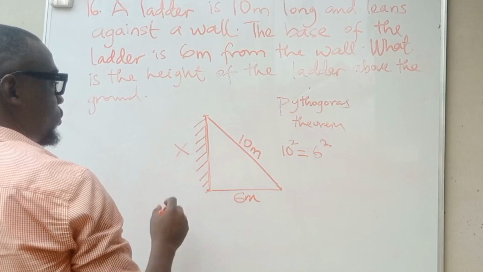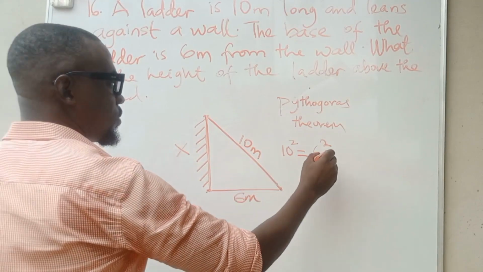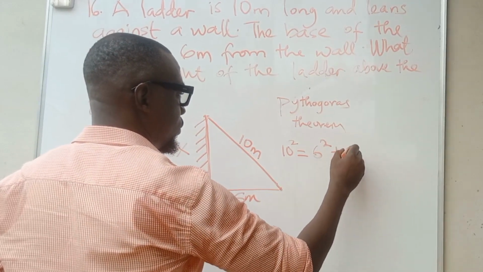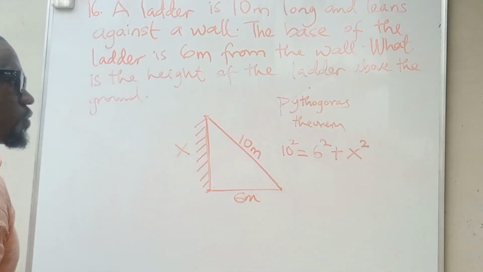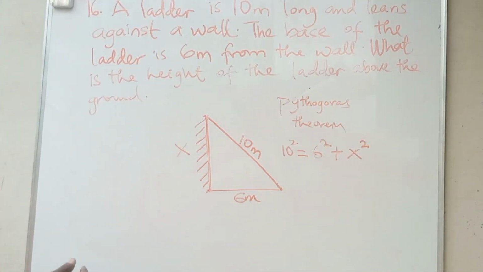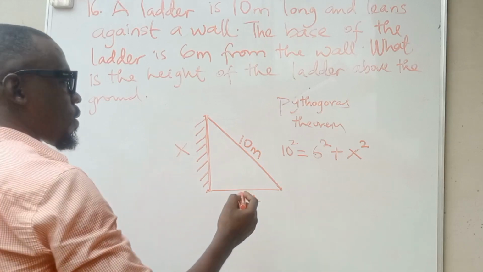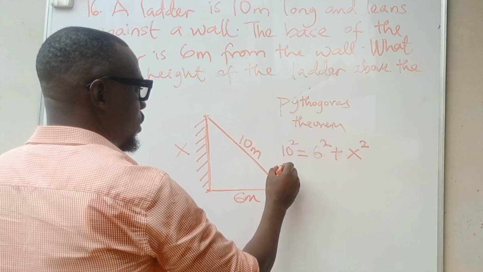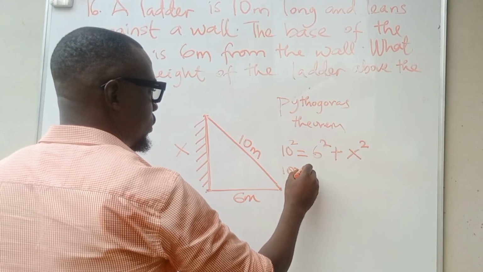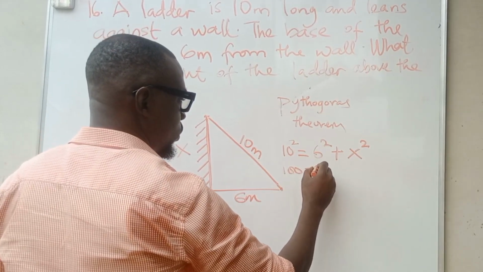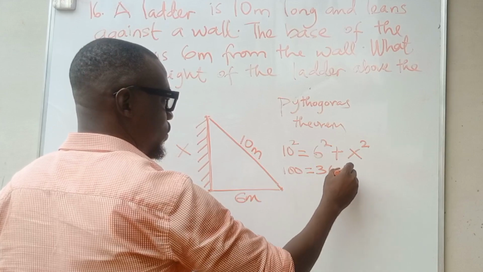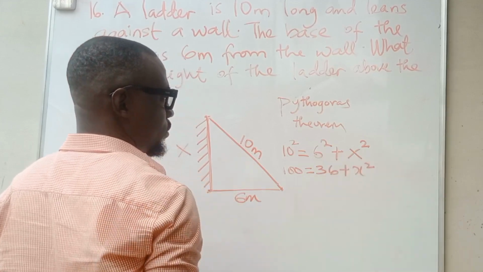Let's represent the unknown to be x. So this is 100 equal to 36 plus x squared.